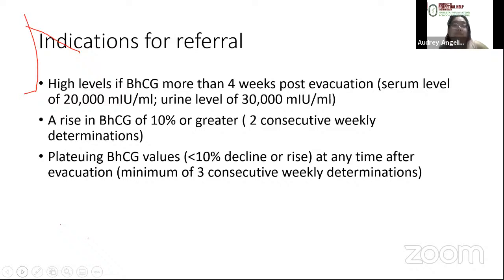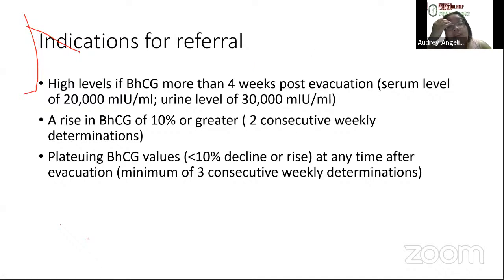Okay. So that would be the realm of your basic obstetrician. So there would be a specialty wherein they specialize in management of trophoblastic patients and eventually gestational trophoblastic neoplasia.